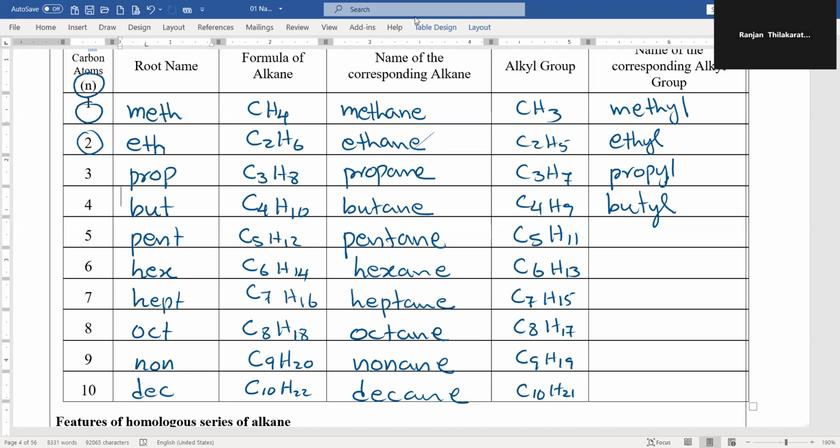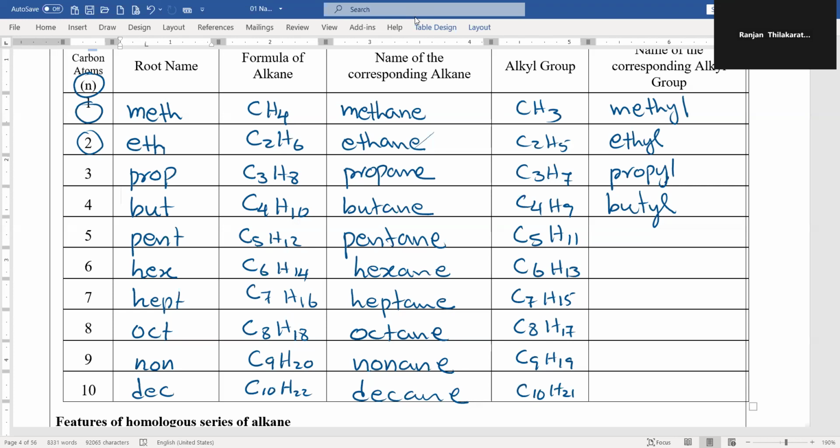But according to your syllabus, it says that you will not be given a compound having more than 6 carbon in the parent chain. There may be more carbon in the entire compound, but a maximum of 6 carbon in the parent chain.